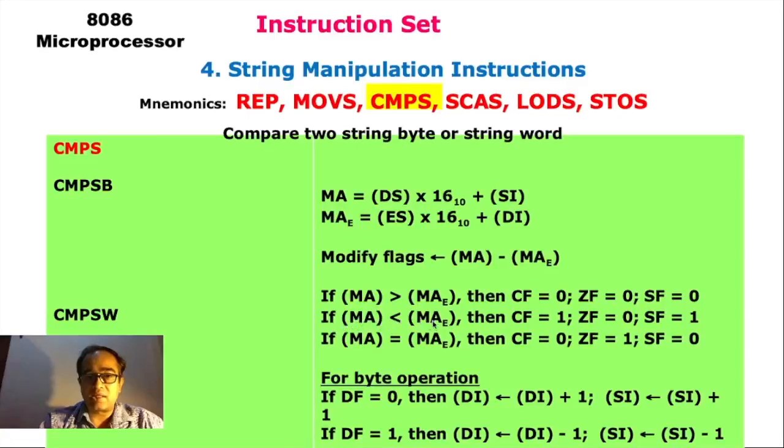If the source is less than the destination, then CF is 1 and SF is 1. When they are both equal, then the carry flag and sign flag are reset and the zero flag is set. So this is how we do a comparison of a byte or word. Either one string is greater, the other string is smaller, or they are equal.